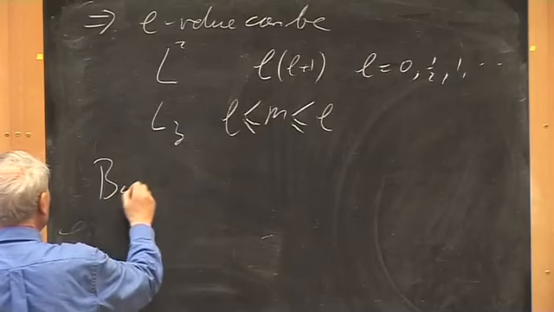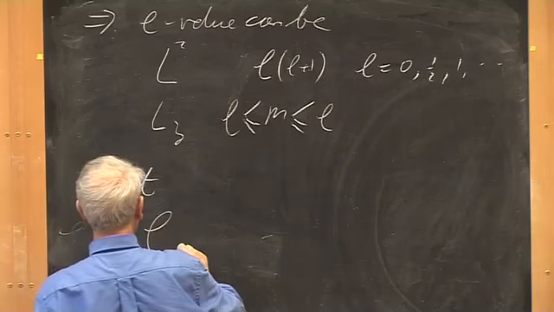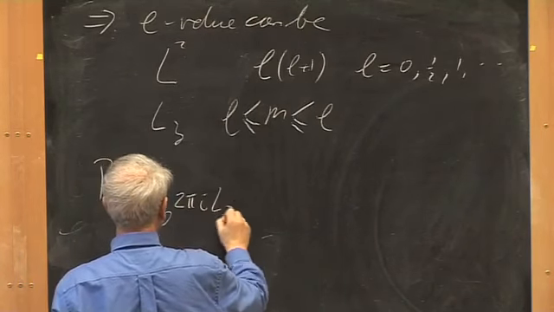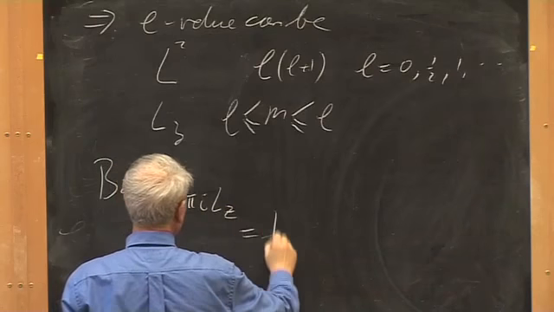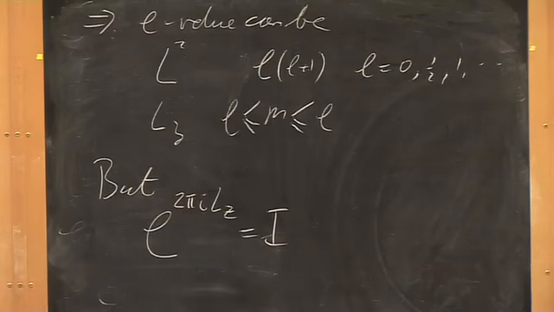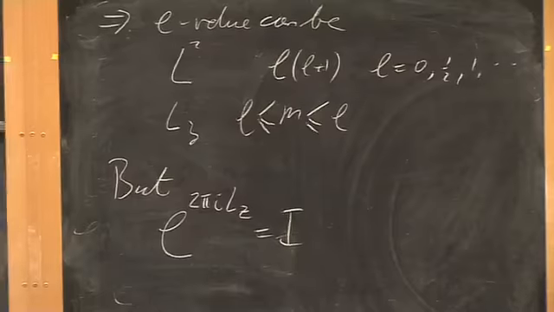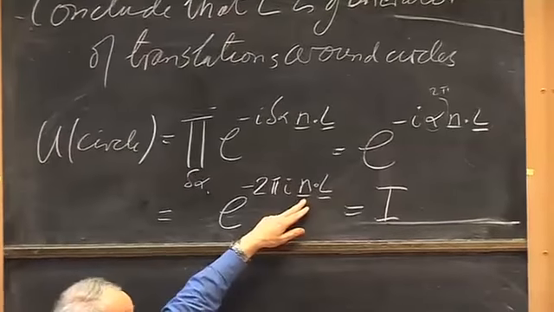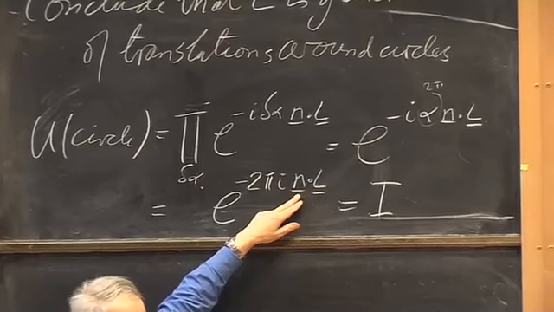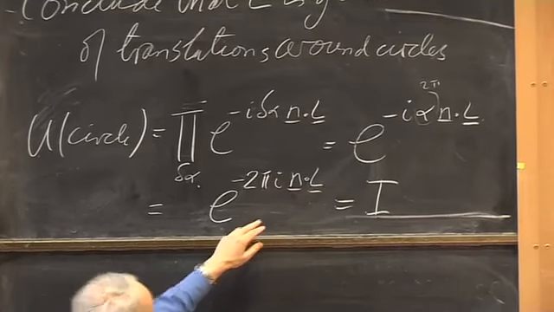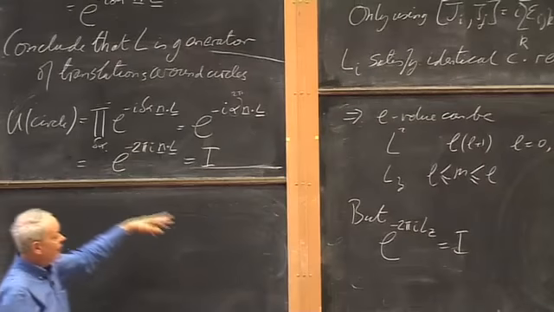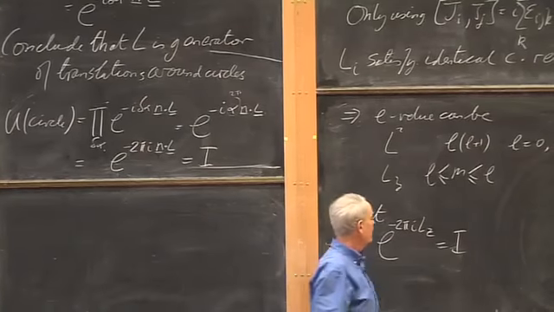But e to the minus 2 pi i Lz has to be the identity operator. We've just shown that. That's this statement with n put equal to the unit vector in the z direction. Actually, I need a minus sign. So this thing has to be the identity operator.